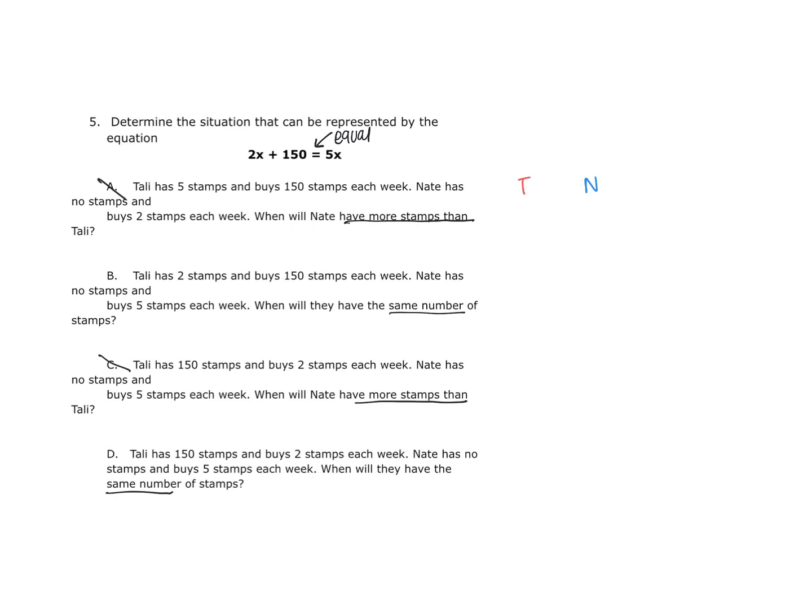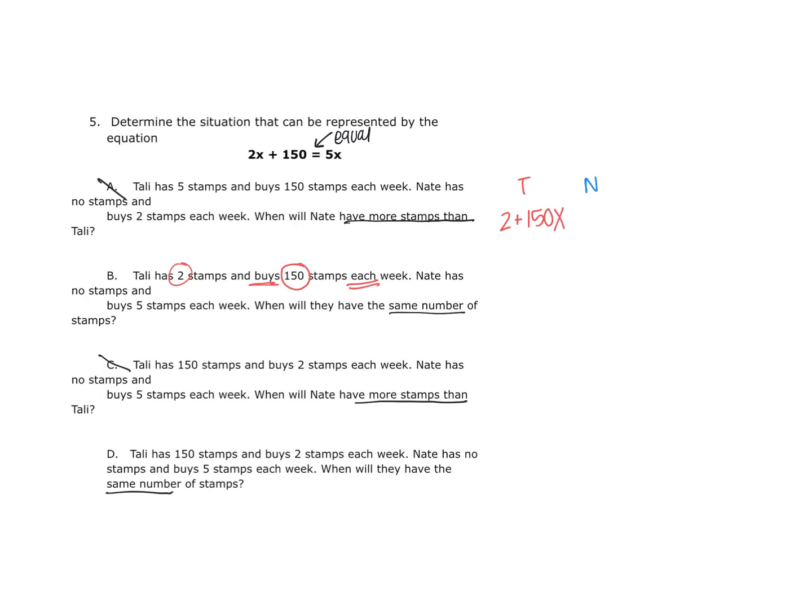For answer choice B, it says that Tally has 2 stamps and buys, meaning she's getting more, 150 each week. So she's got 2, she's adding or buying 150 more, and that keyword of each means we're multiplying that amount.